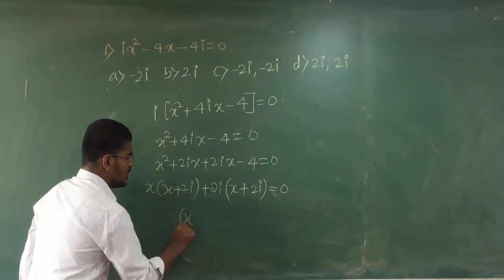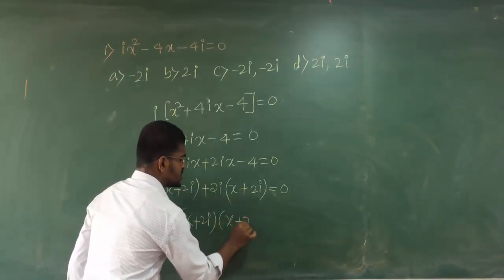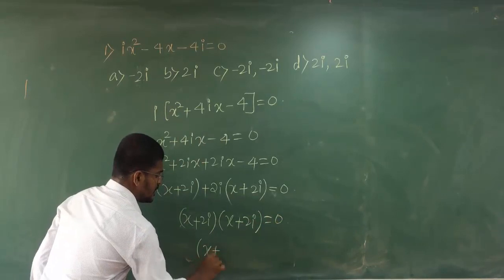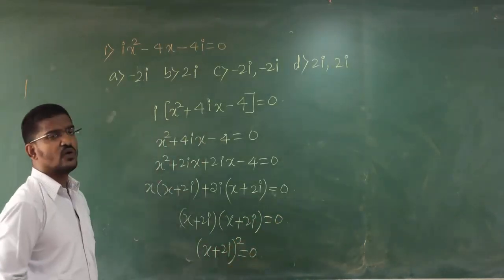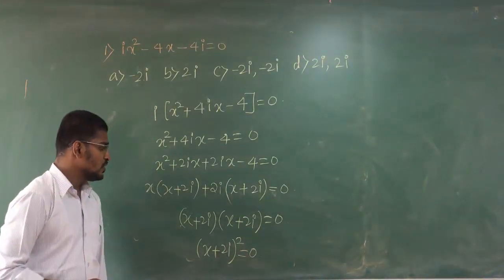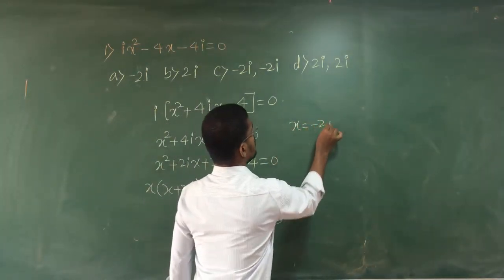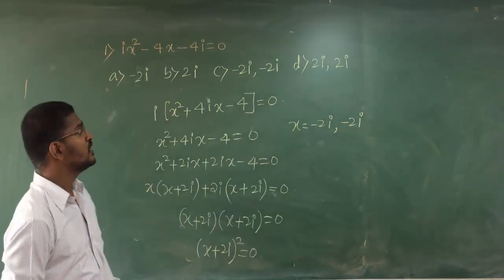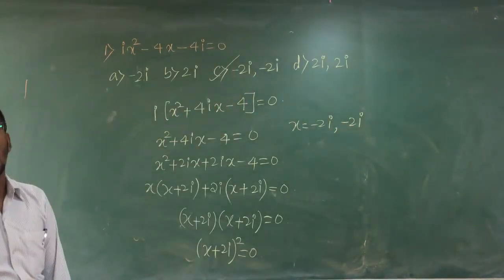So therefore x plus 2i into x plus 2i equal to 0. Therefore that is x plus 2i whole square equal to 0. So you are going to get x equal to minus 2i comma minus 2i. So therefore your option C will be the correct answer.